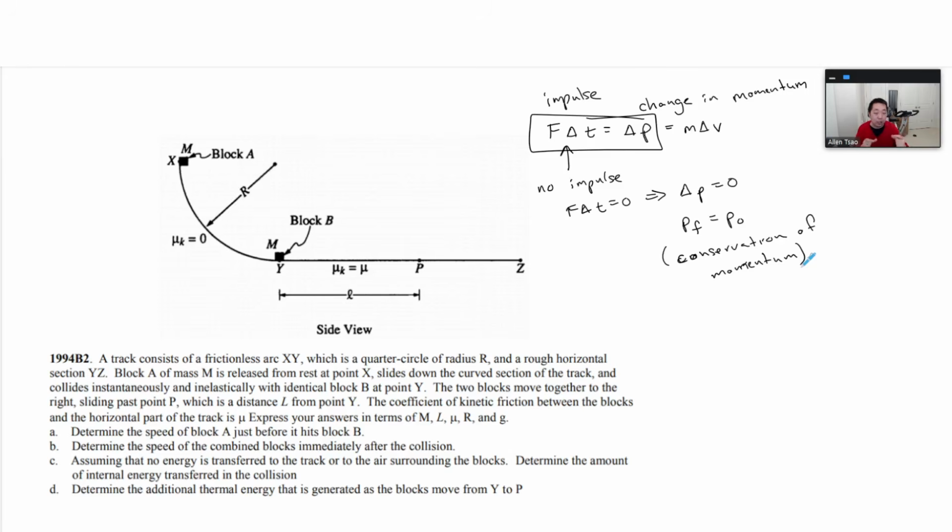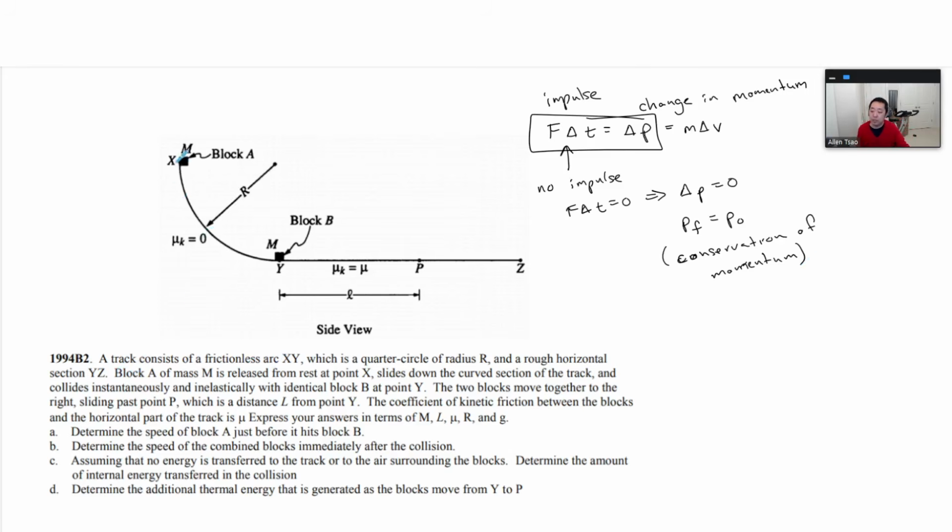So the key part is, if the system is both objects involved in the collision, yes, they exert a force on each other, but there is no external force on that system. No external impulse means no change in momentum of that system. We're going to use an example to illustrate that in a minute, to examine that principle. So let's look at this one.